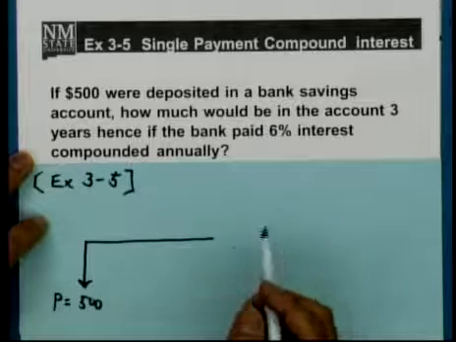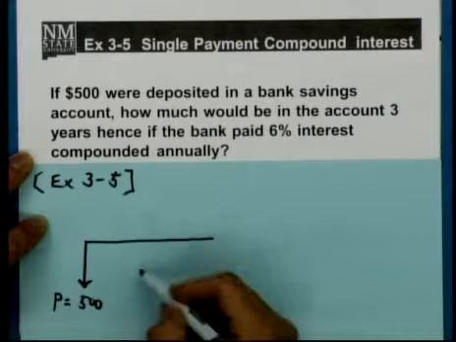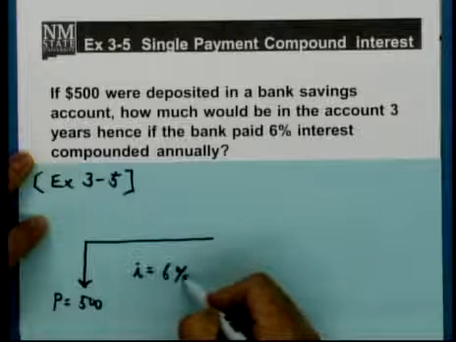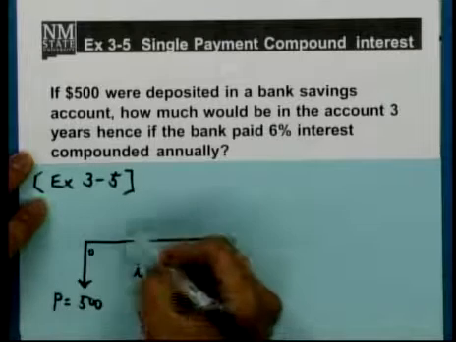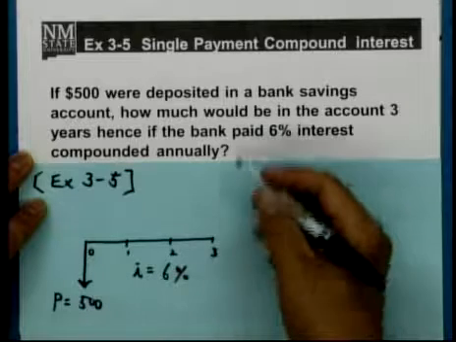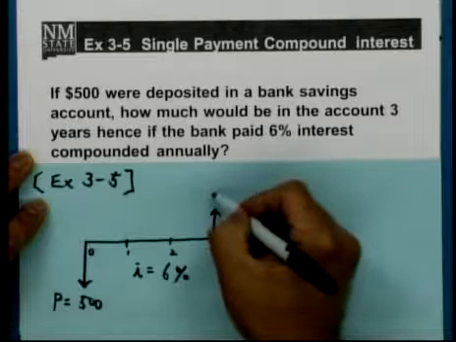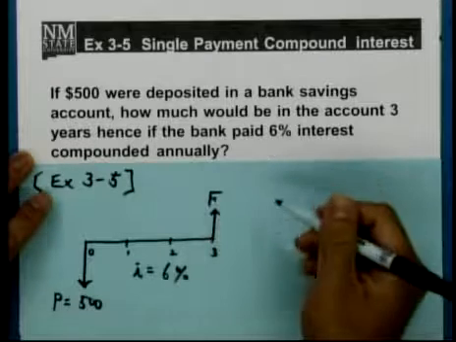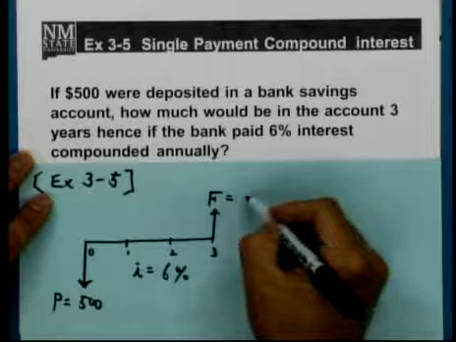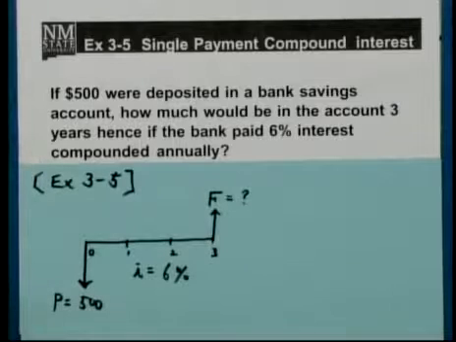And it pays 6% compounded annually. So I is going to be 6%. 0, 1, 2, and 3. And we want to find the future sum at the end of year 3, right?